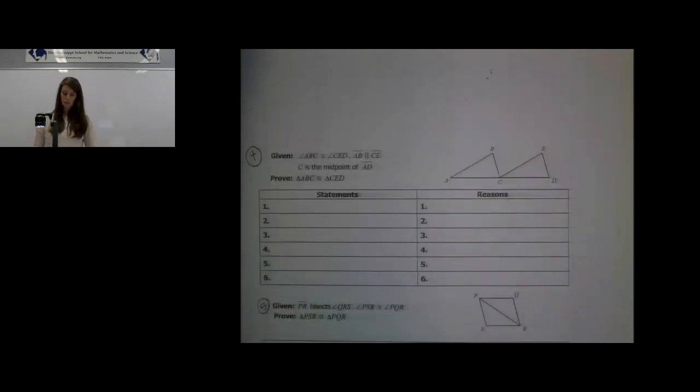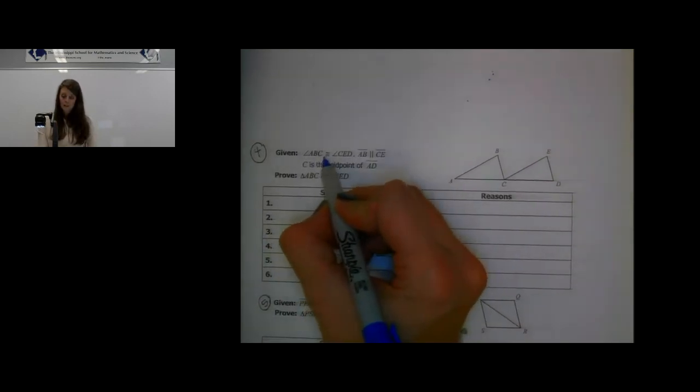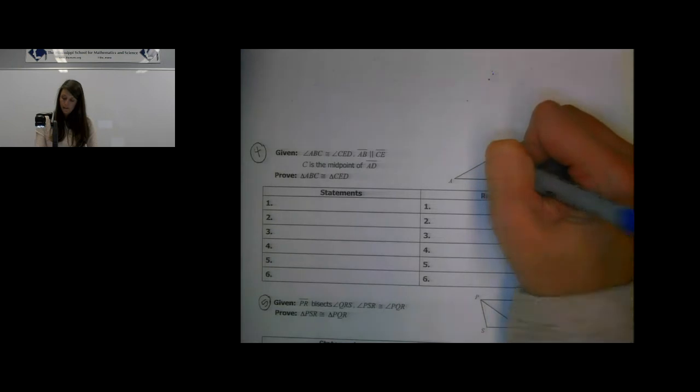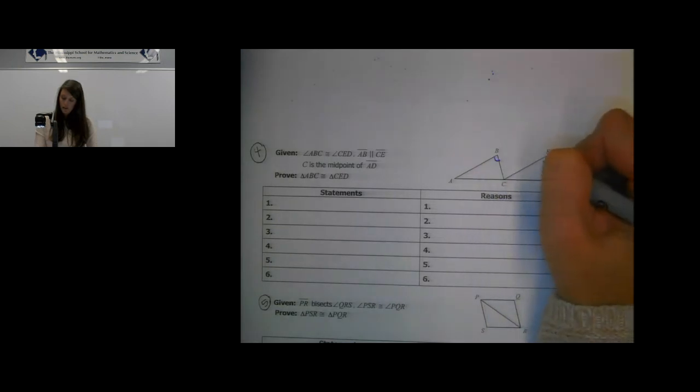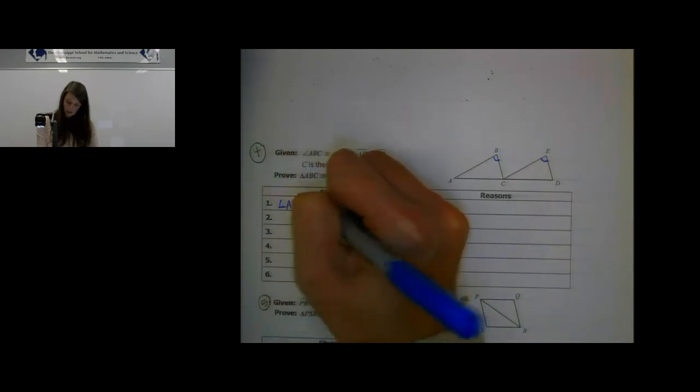Alright, so let's do some examples of that. Alrighty, so let's look at this one here. Given that angle ABC is congruent to angle CED. So that is given. And side AB is parallel to side CE.